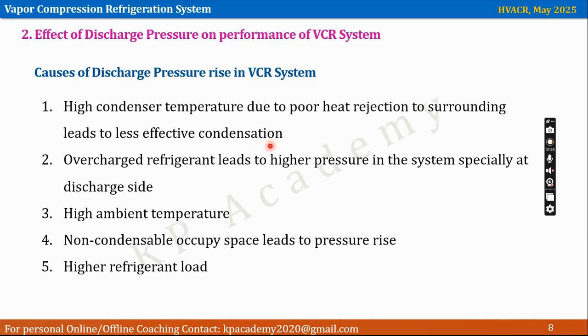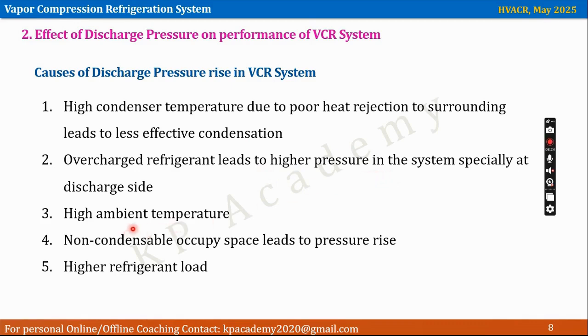And for that the compressor has to work harder, and because of that the discharge pressure increases. Next is overcharged refrigerant in the system, which leads to higher pressure in the system, especially at the discharge side.